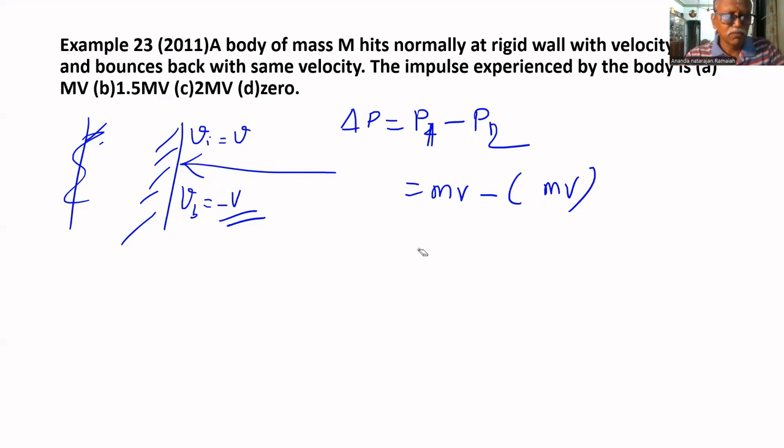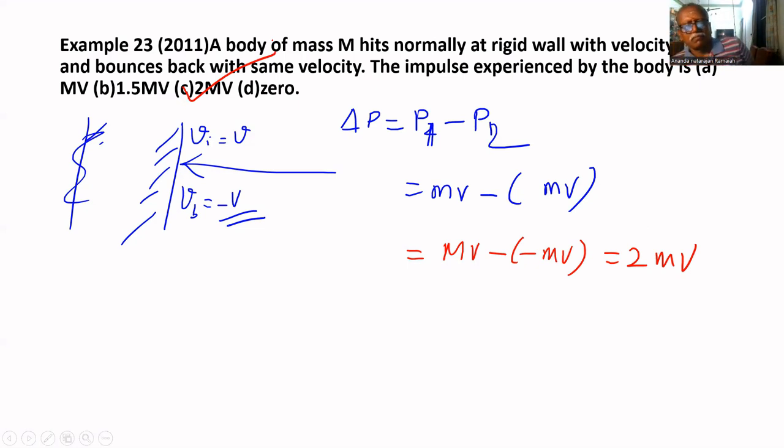That is equal to 2mv. Therefore, C is the answer. Impulse means delta P, we would find.